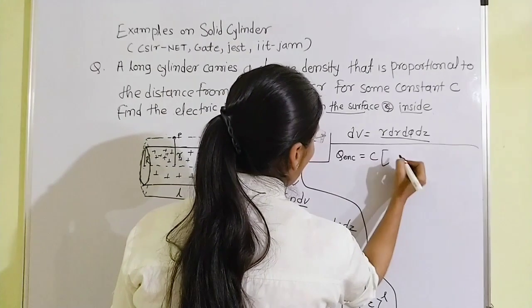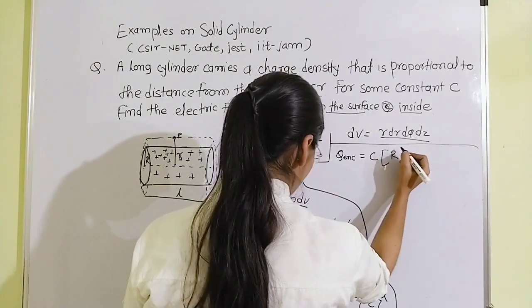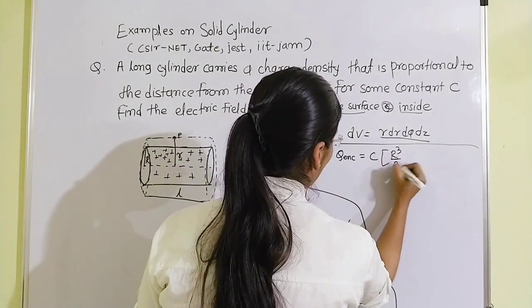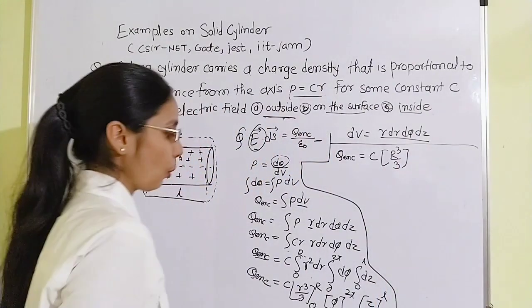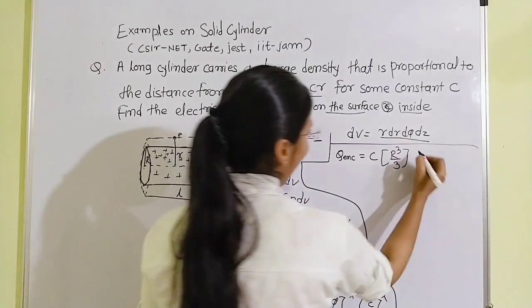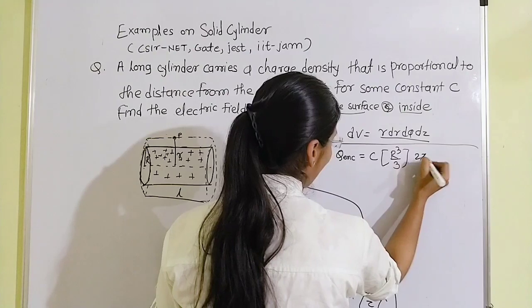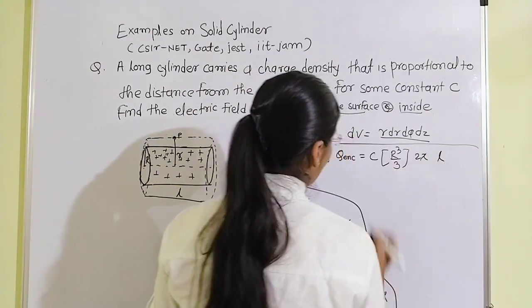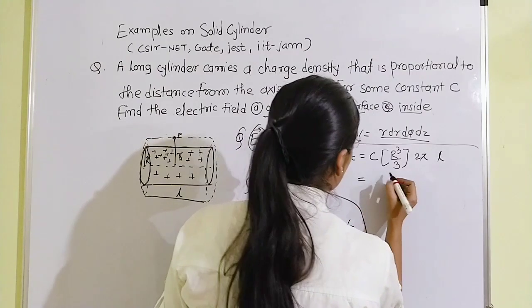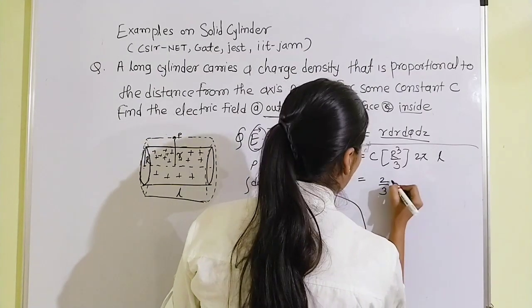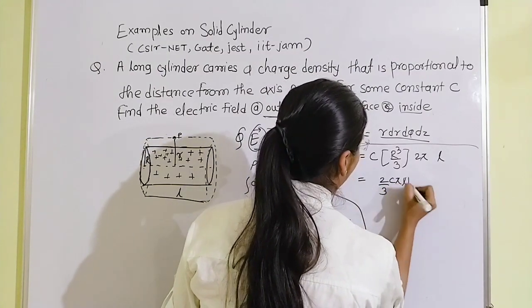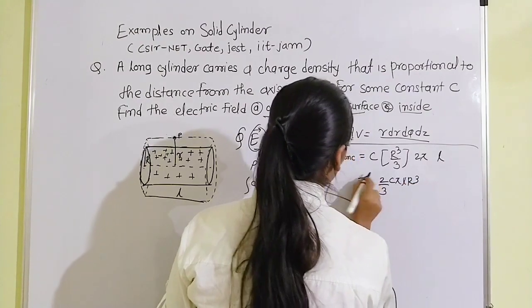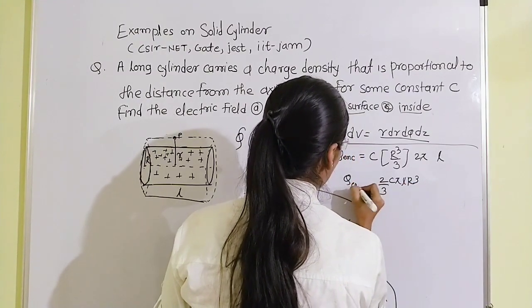We put the upper limit, that is R cube by 3, lower limit is 0. This is phi, upper limit is 2 pi, lower limit is 0, and upper limit for z is L. So this is 2 by 3 C pi L R cube, which is the q enclosed.